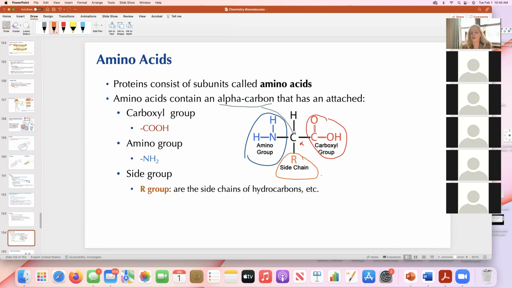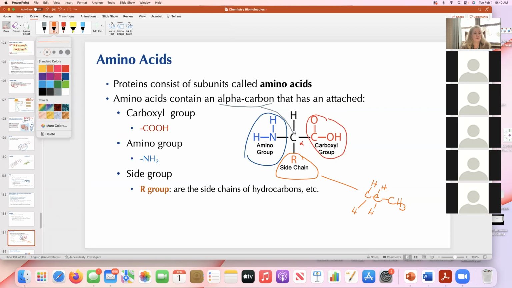It's usually something like a long group of hydrocarbons, you could have it saturated with hydrogens. So we just always write R. Your amino group is going to be your NH2. When you have your amino group, you also know that your nitrogen has its lone pair of electrons.